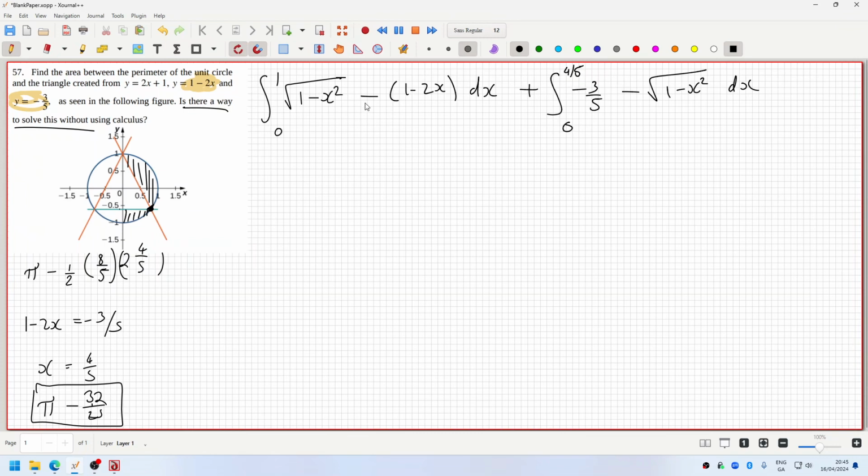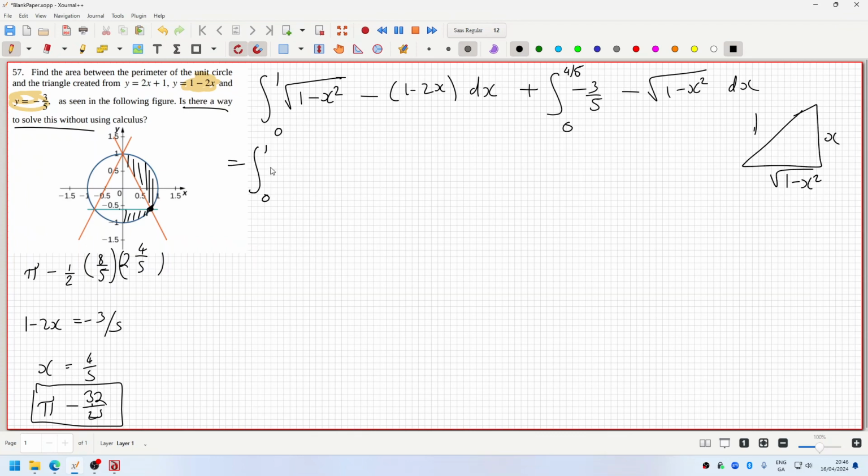So we've seen this integration before already. We draw the triangle. That's x. That's root 1 minus x squared, and that's 1. So that's the integration from 0 to 1.